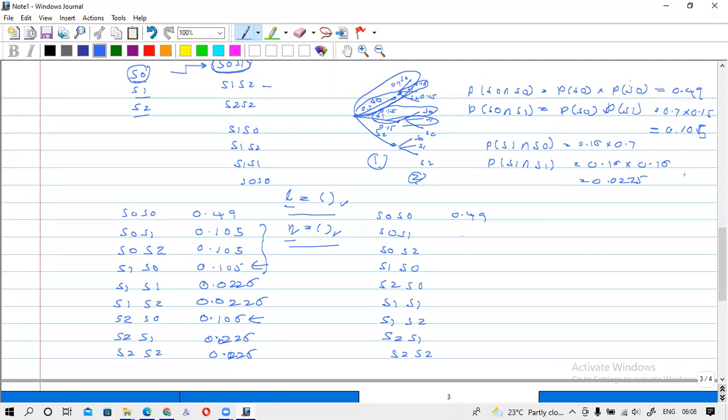Okay, so here 0.9, 0.105, 0.105, 0.105. And here we have 0.025, correct?